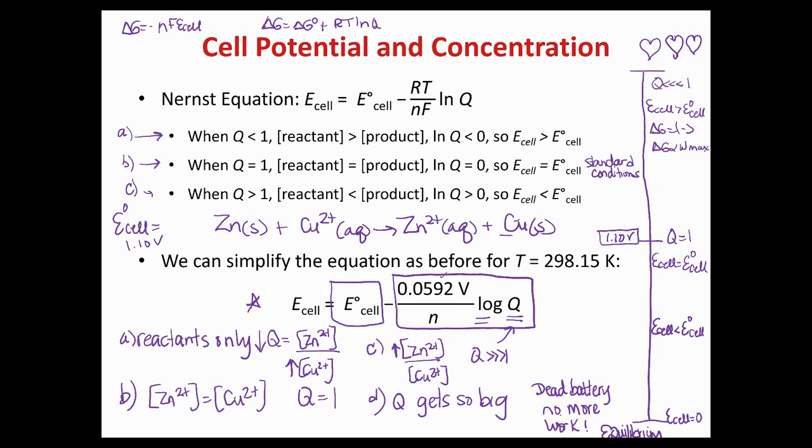So I want you to know how important it will be for whatever your majors are to have an understanding of what voltage is and how it relates to equilibrium. Okay, very important discussion. So for sure, I'll ask questions regarding this particular concept.